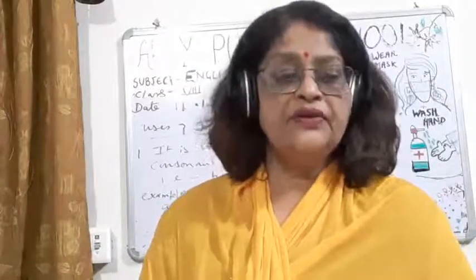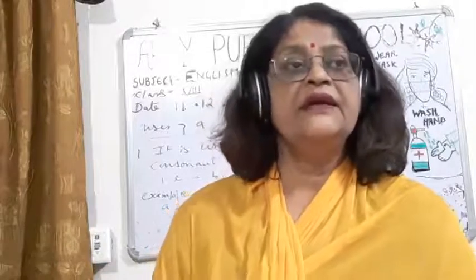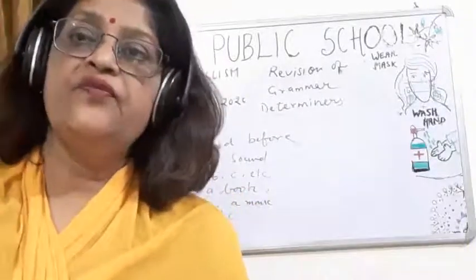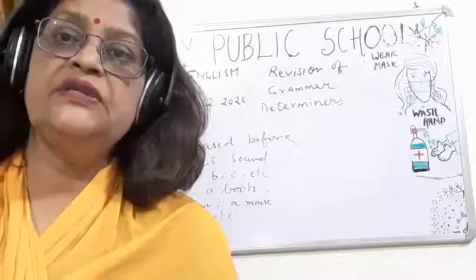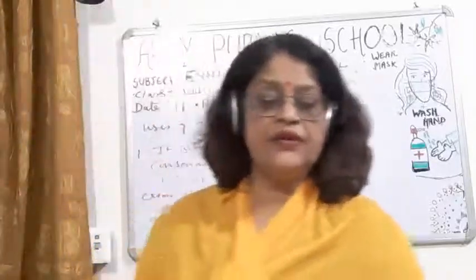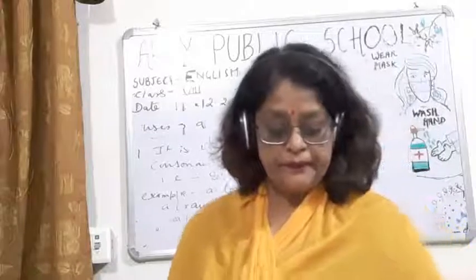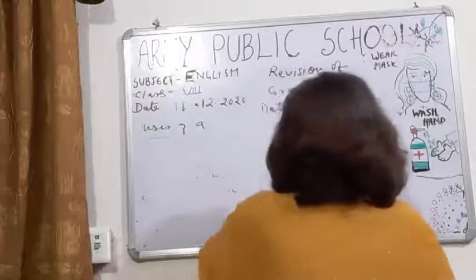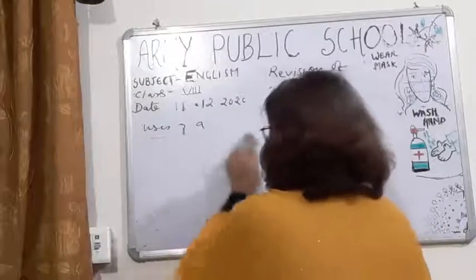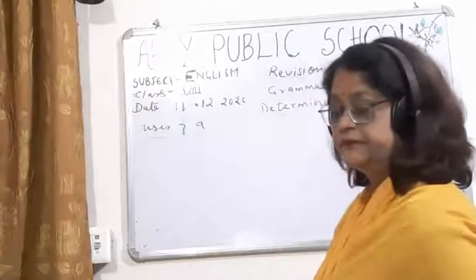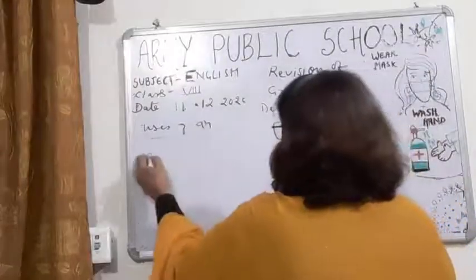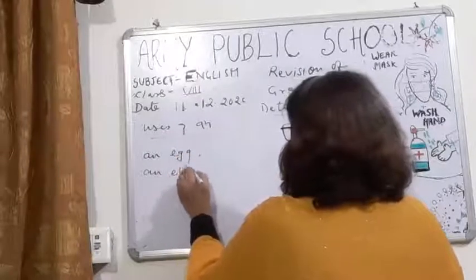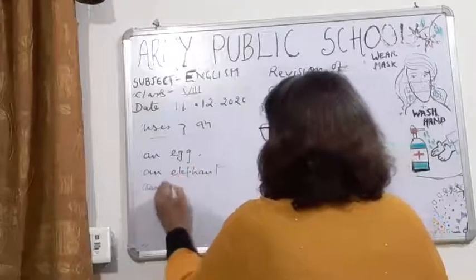All right. Now children, the other most important point is that there is a rule, when we use vowel sound, we generally put an. We generally put an. Okay, like an egg, an elephant, an orange.